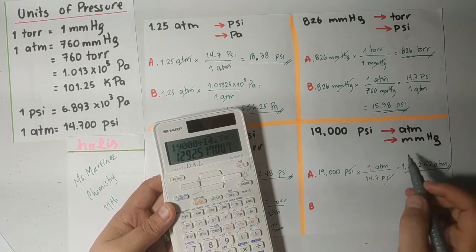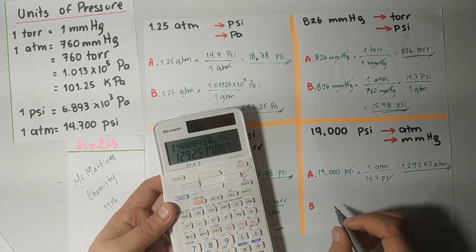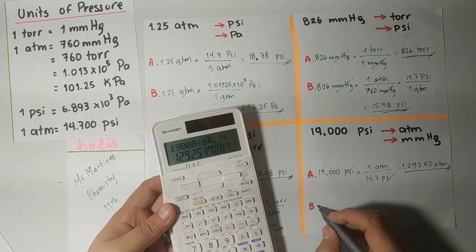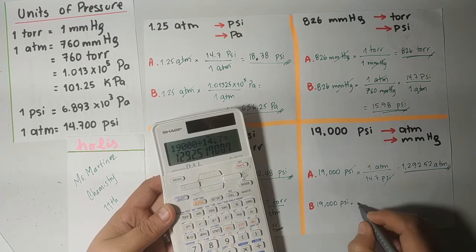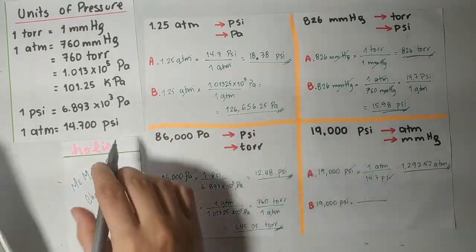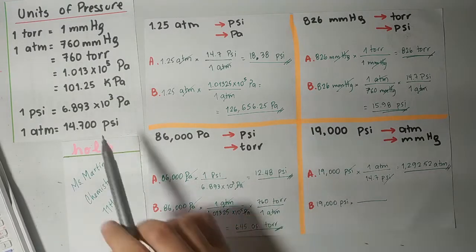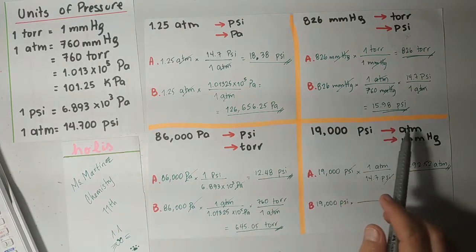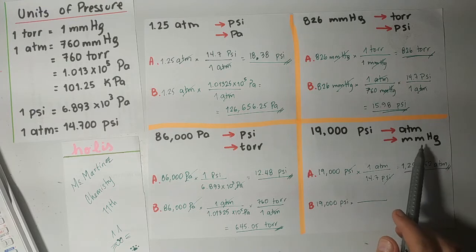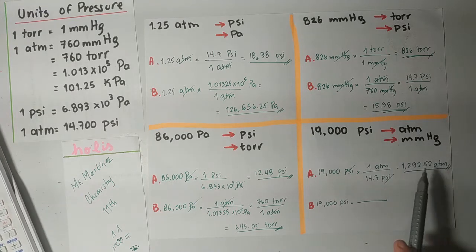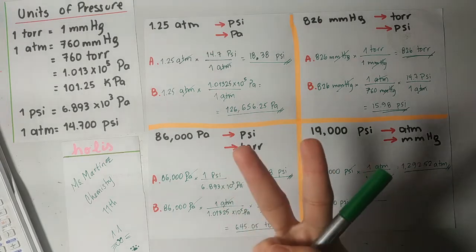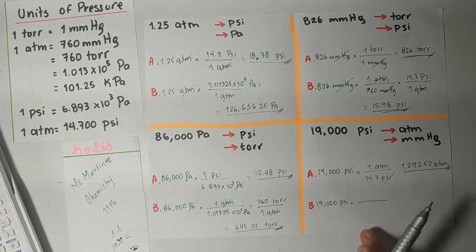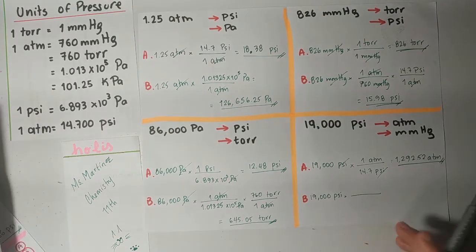Now from psi to millimeters of mercury, we say 19,000 psi times. Okay, we don't have any direct conversion factor, so the idea will be to convert from psi to ATM and from ATM to millimeters of mercury. I know I have my ATMs here, but in case you don't have ATMs, you have to do a two-step conversion. That's exactly what I'm gonna do right now.